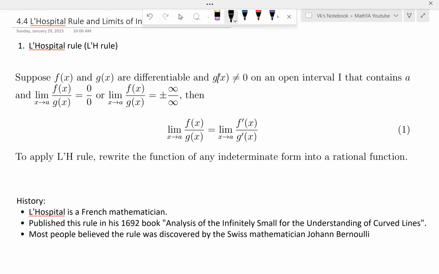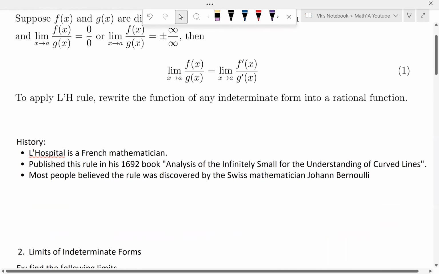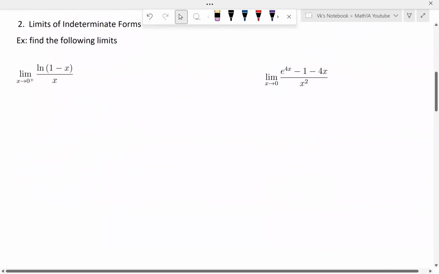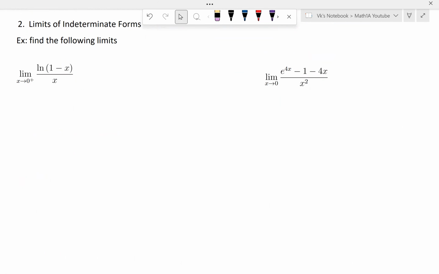Let's move on to number 2, limits of indeterminate form. Example, find the following limit.